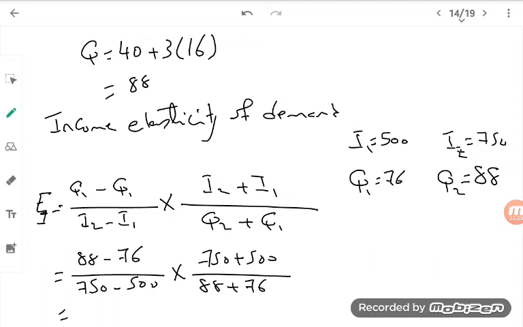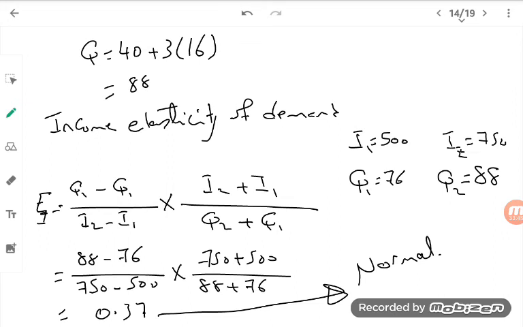So it is 0.37. Okay, this is income elasticity of demand. The value is positive, which means that the commodity is normal. The value is less than 1, so it is inelastic.